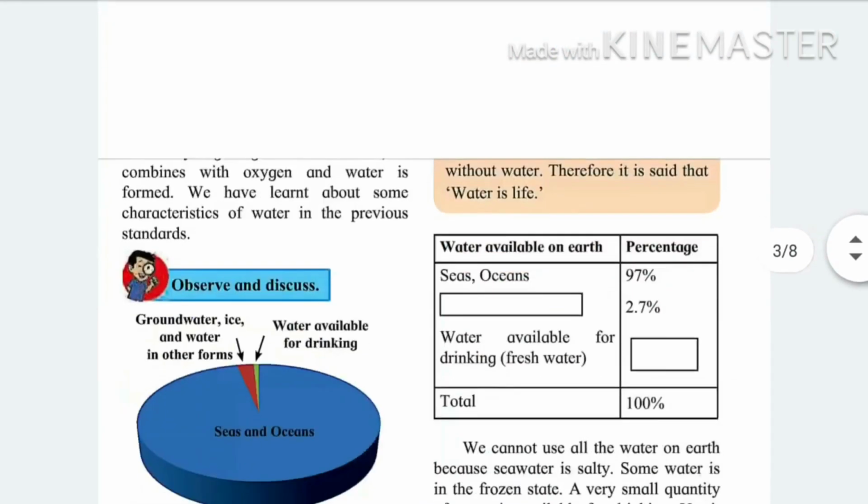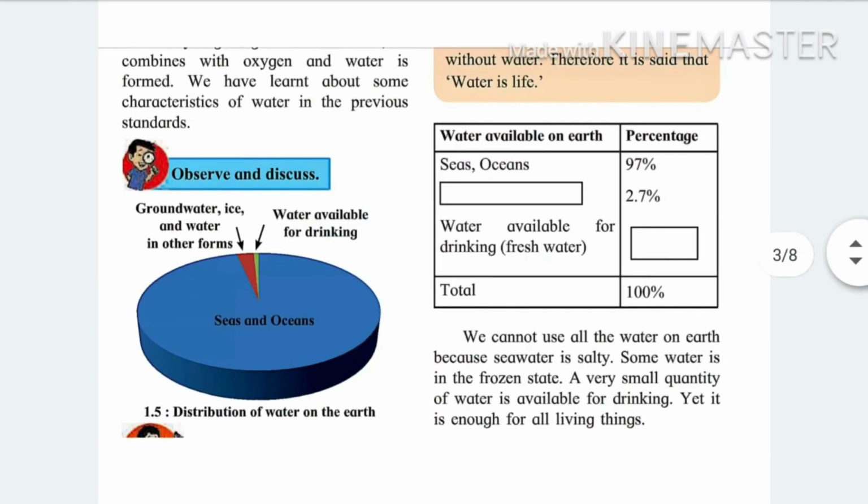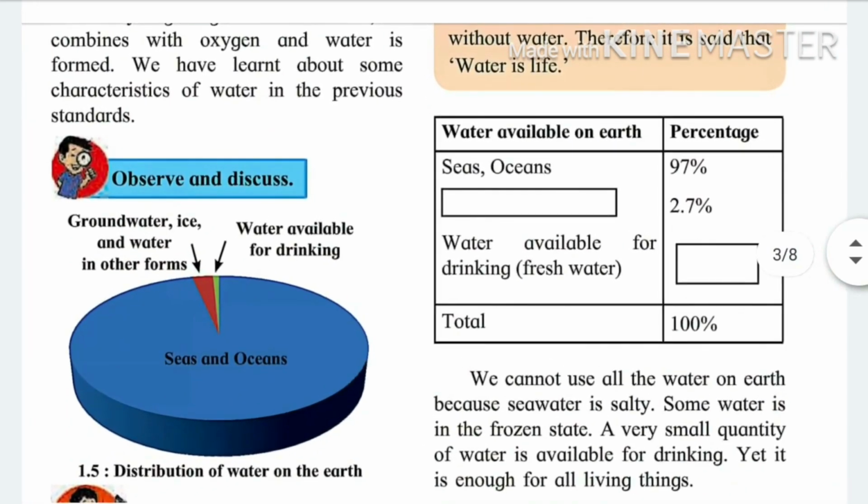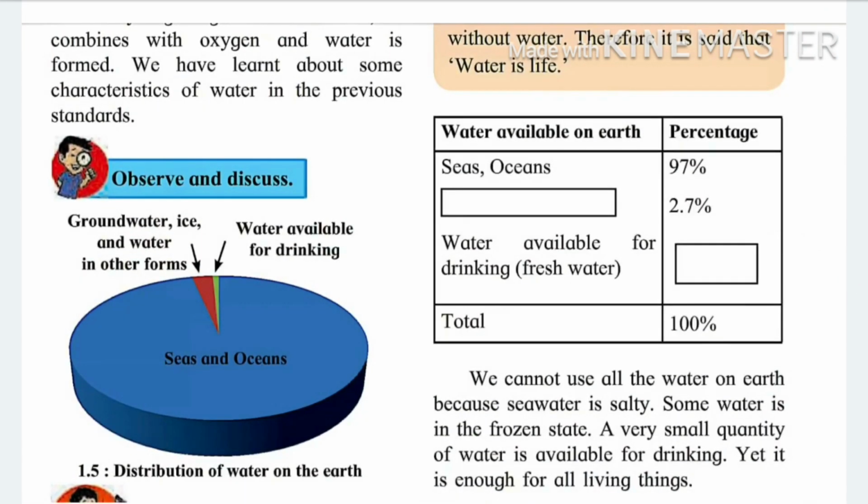Now let us see another diagram, that is 1.5, distribution of water on earth. In this diagram we can see the distribution of water is given. Seas and oceans cover about 97%, and groundwater, ice and water in other forms cover about 2.7%.